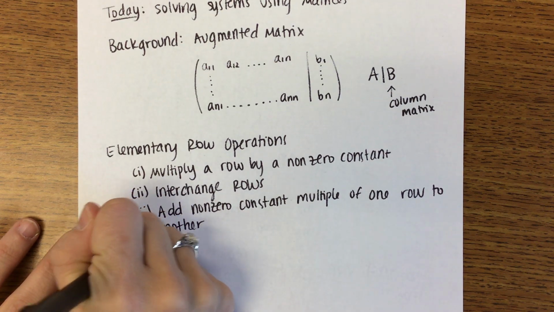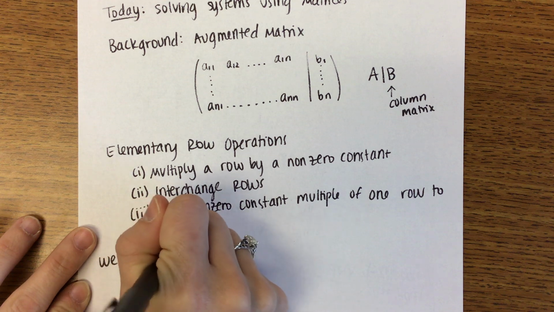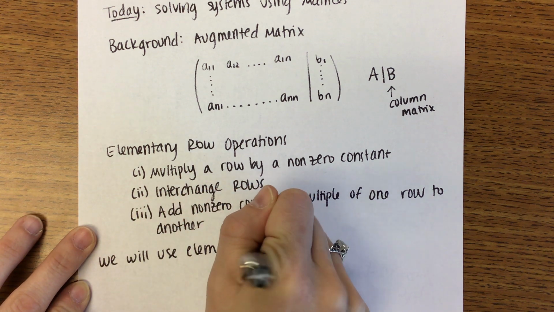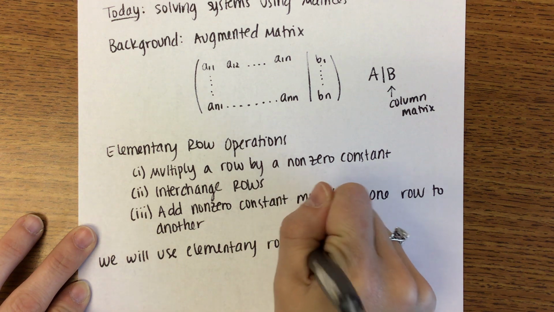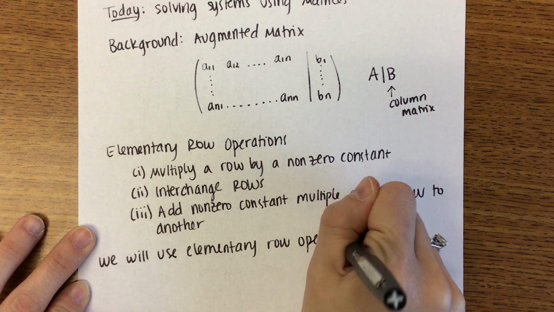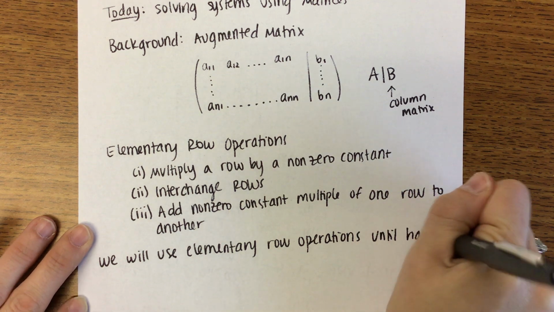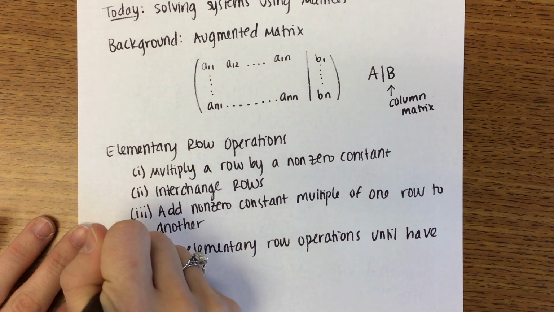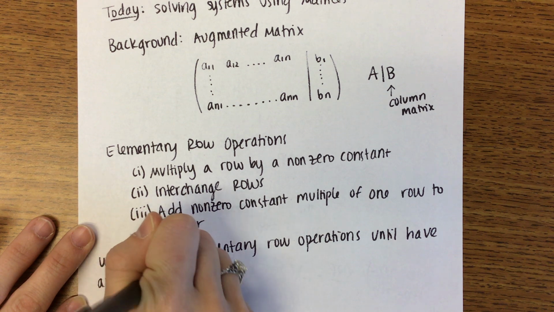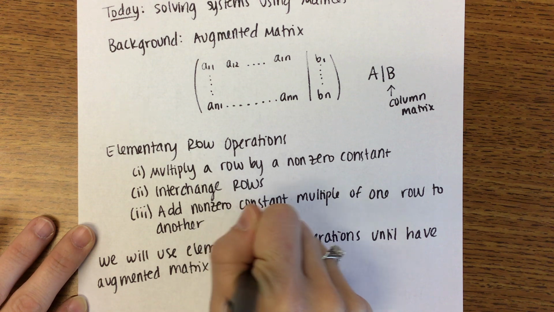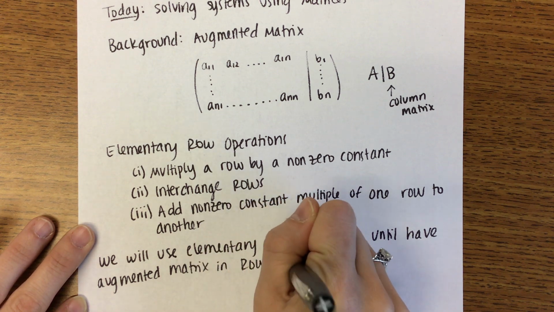So what we are going to do today is use these elementary row operations in order to get an augmented matrix in row echelon form.